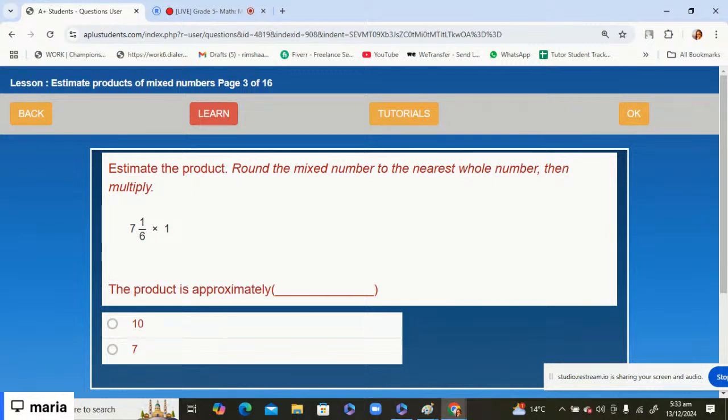It's 7. Okay, very good. 7 into 1 by 6 can be rounded to 7 and 7 times 1 is 7.